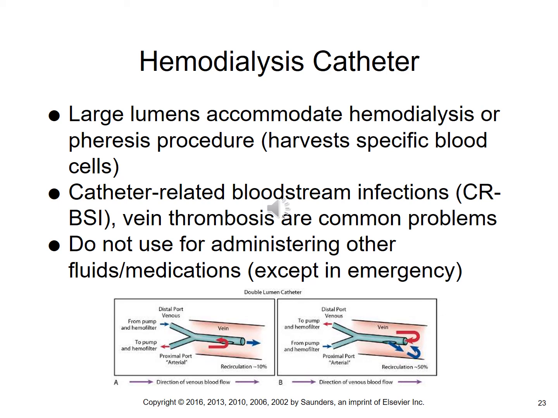What we oftentimes are concerned about with these catheters is infection and vein thrombosis. Heparin is utilized to prevent clots from happening. And we do not use them for administration of fluids or medication except in an emergency. So those are the things you need to pull out about that.